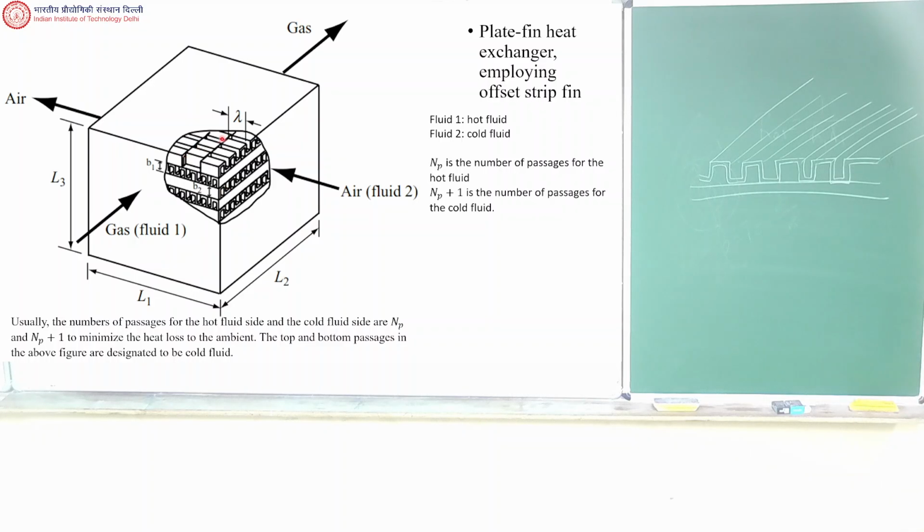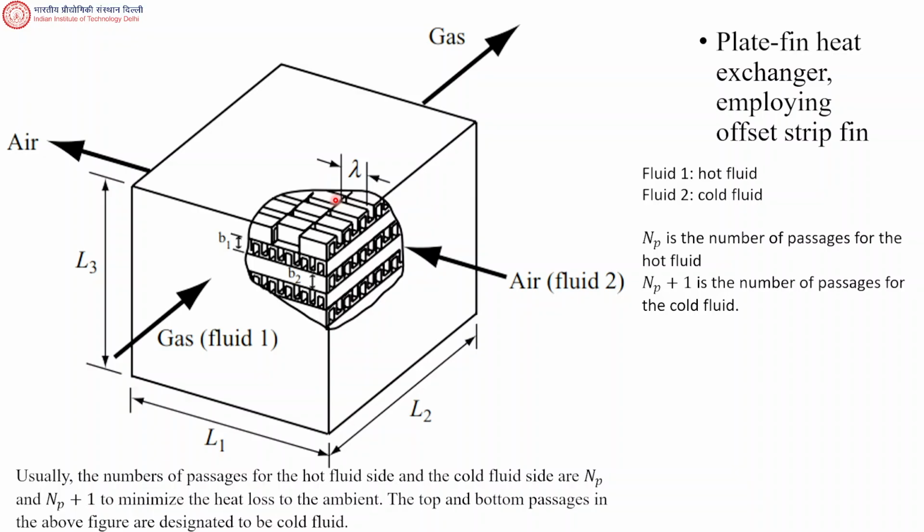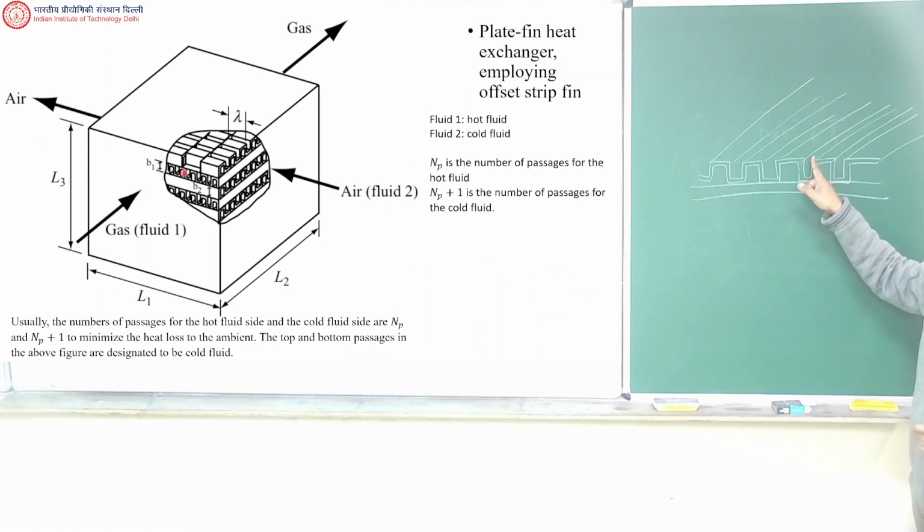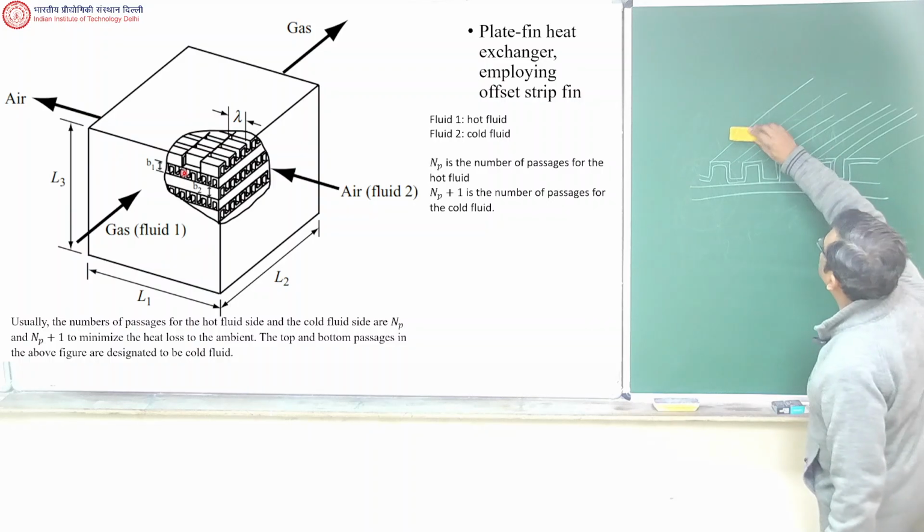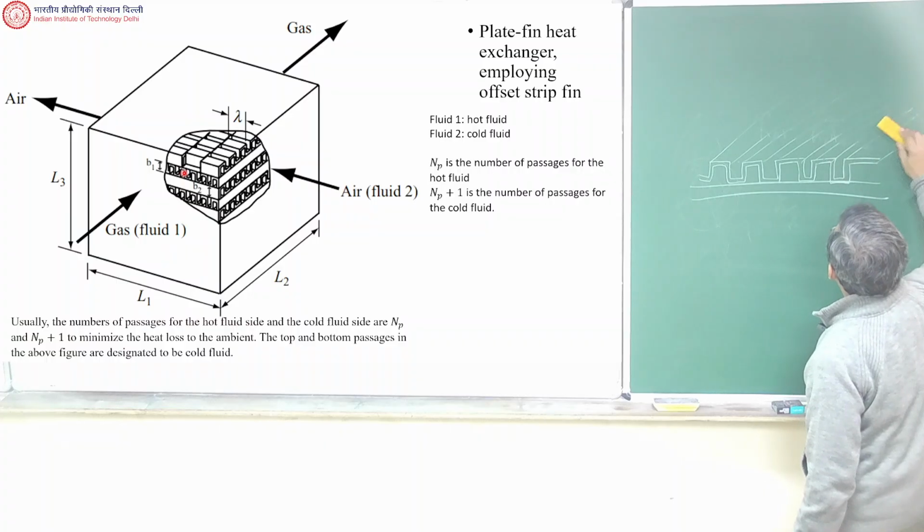So you are breaking this one and shifting this second layer. So in your mind, imagine moving this one this side, and aligning all layers. Then it becomes like this. Correct?